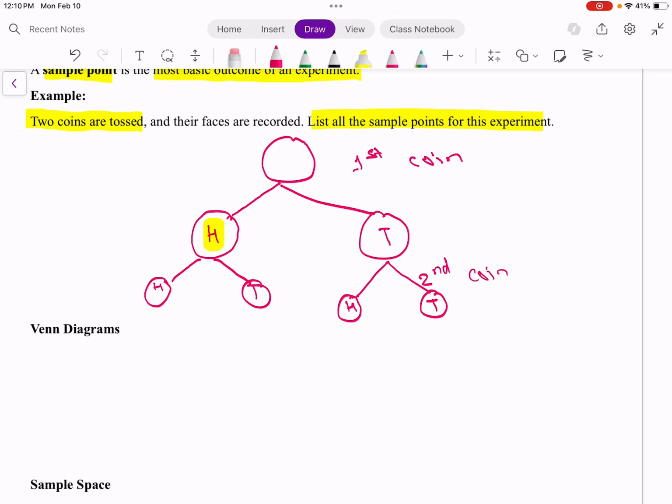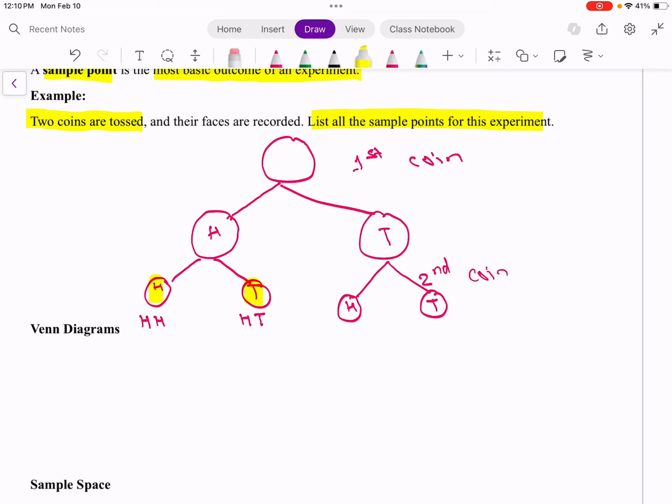So there is the possibility that we might see head first and head second. So our sample point is head, head: first coin head, second coin head. Or we might get head on our first toss but tail on our second toss. That is head first, tail second. This is our next sample point.